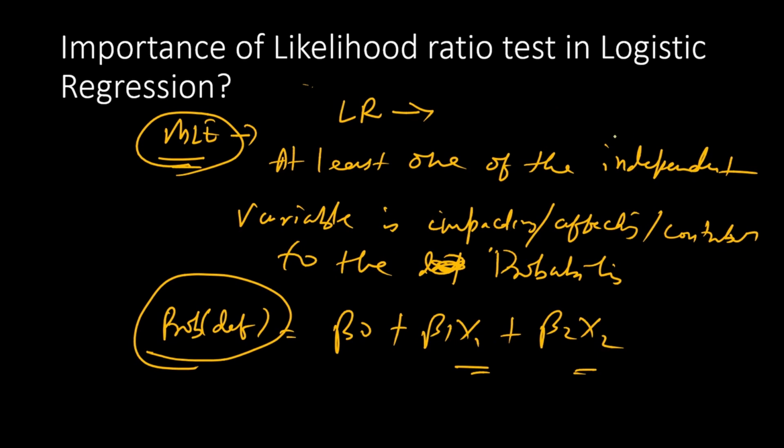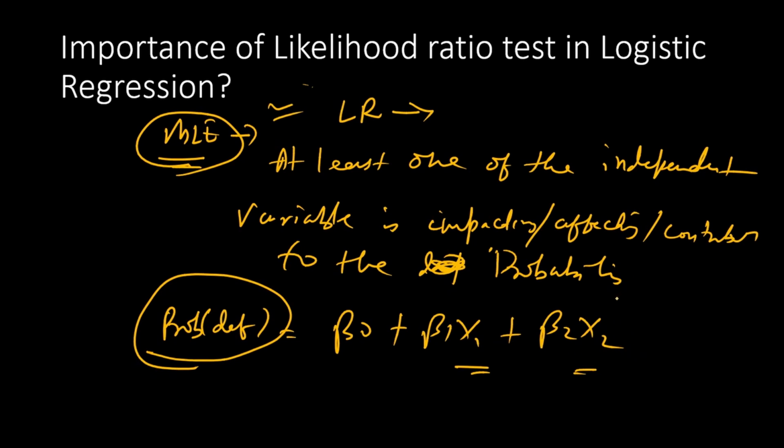So if the LR test says that none of these independent variables actually impact your dependent variable or contribute towards finding the probability, then there is no point in going ahead and taking a look at the MLE values, because the model itself is not explaining anything about the variation in the dependent variable.